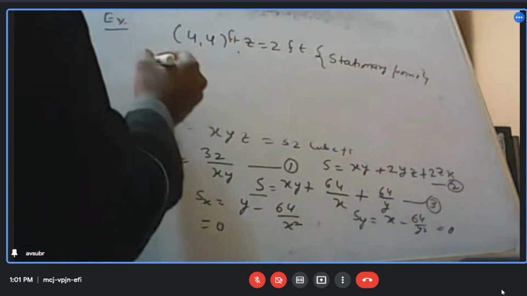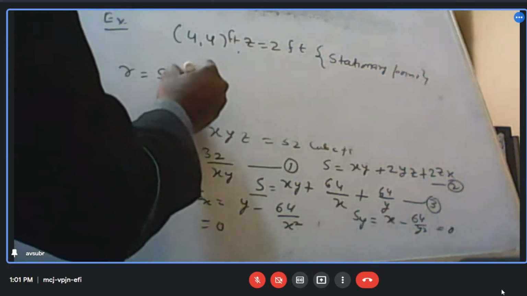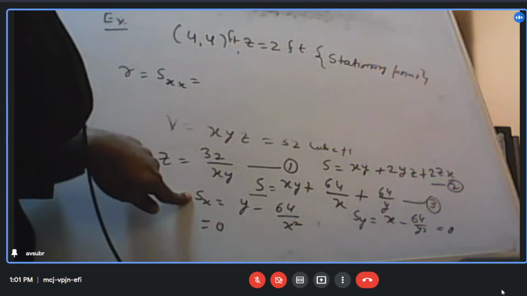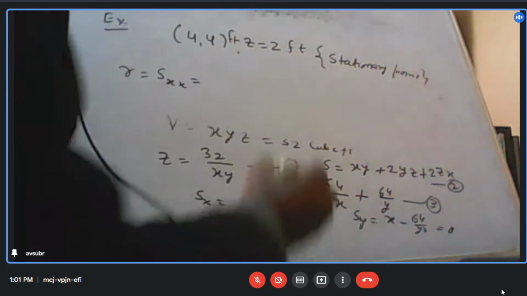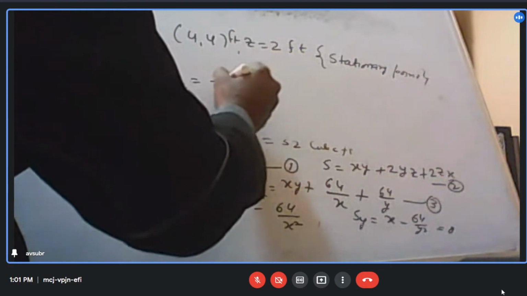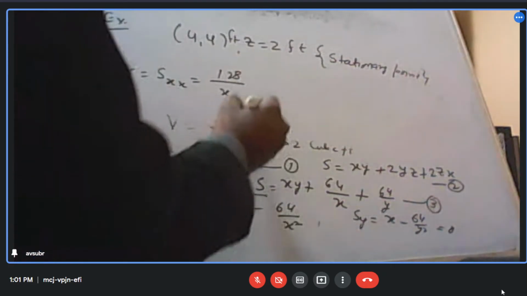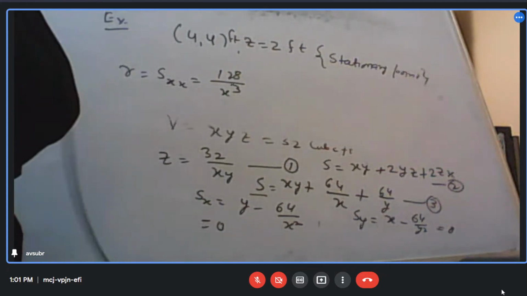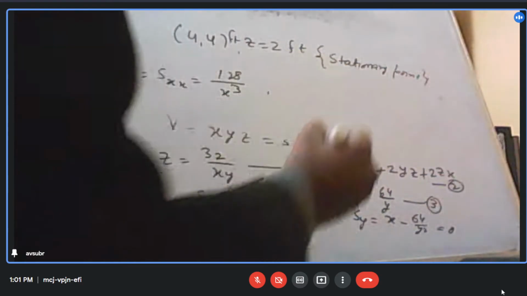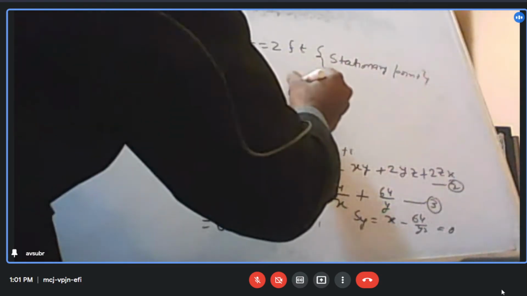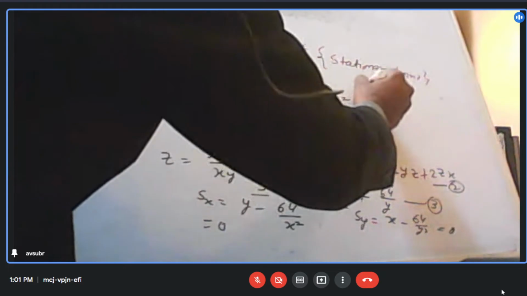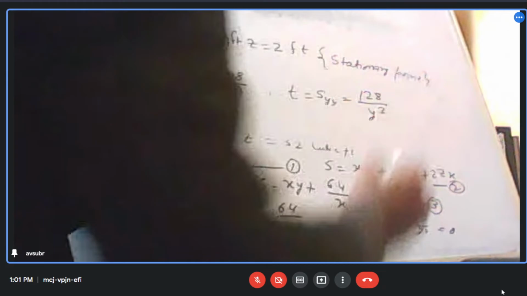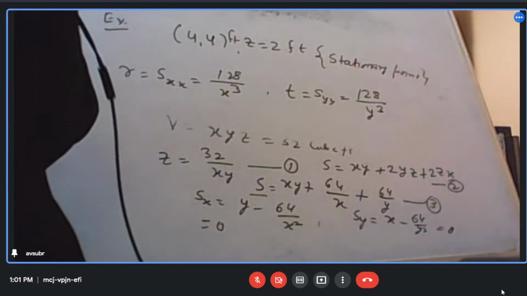Now next we have to find out R. R is s_xx. So if you differentiate with respect to x, we will get 128 by x to the power 3. Similarly, we will get t is equal to s_yy, that is also 128 by y cube.